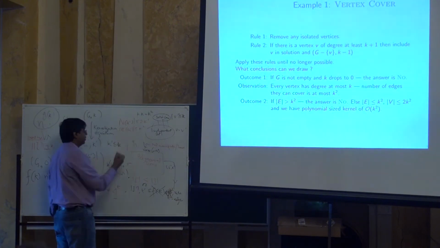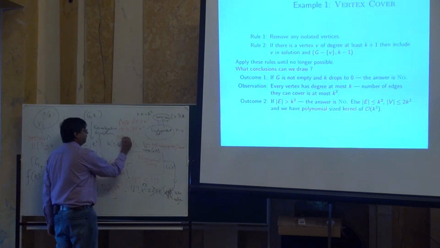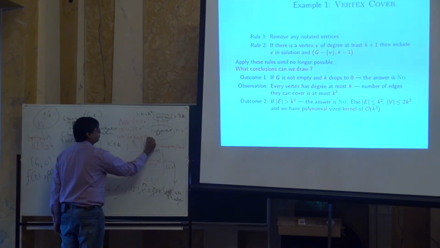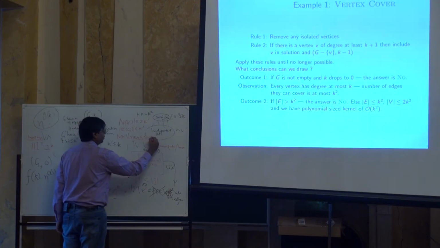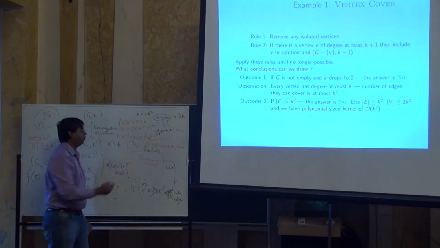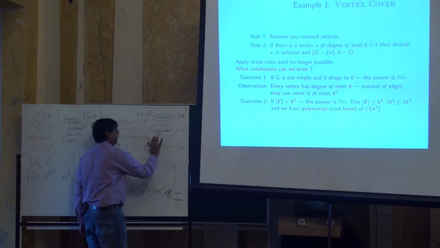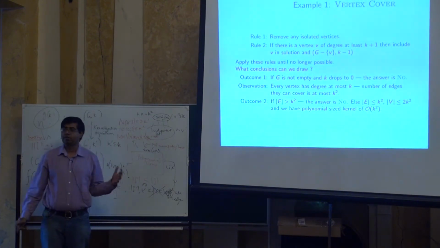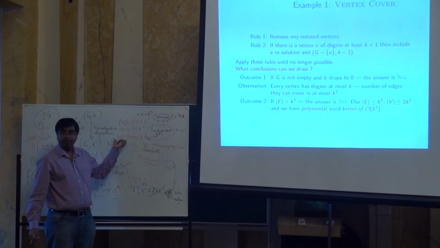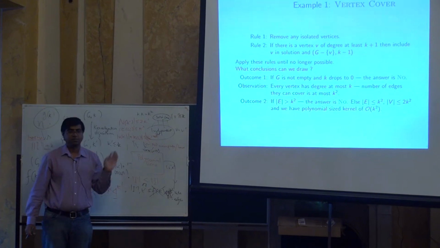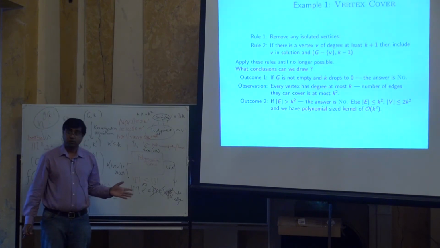Is it possible to get a kernel for vertex cover where V prime plus E prime is big O of k to the power 2 minus epsilon, for any epsilon? Like think of this as 1.9999. Is it possible to obtain a kernel for vertex cover where the size of vertices plus size of edges is order k to the power 1.9999, as many 9s as you want to put? Is it possible? Answer is no.